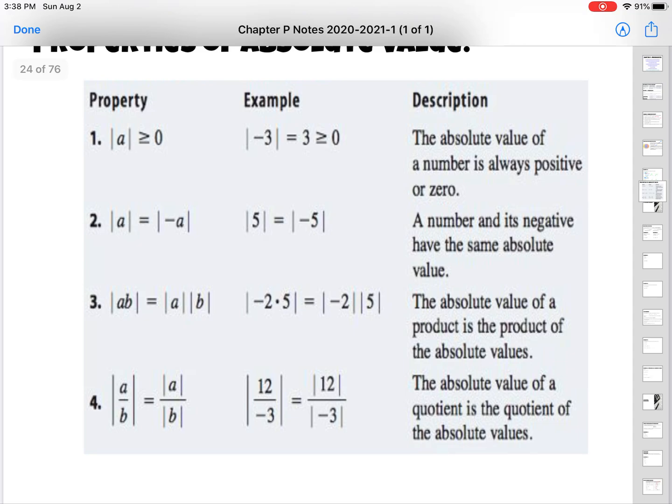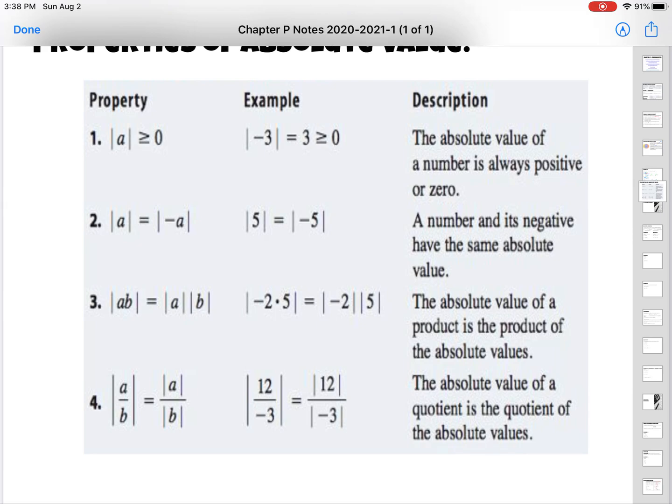Properties for absolute value. So we have that the absolute value is always greater than or equal to 0, so it's always non-negative. When we take the absolute value of a real number, the absolute value of its opposite is always the same. So the absolute value of 4 is the same as the absolute value of -4.